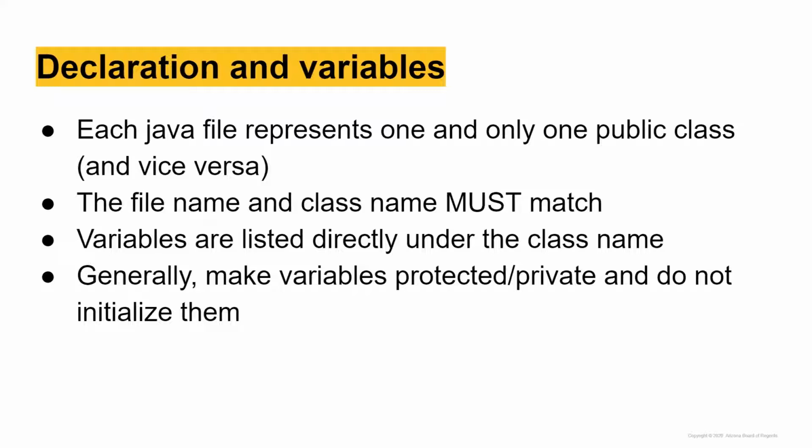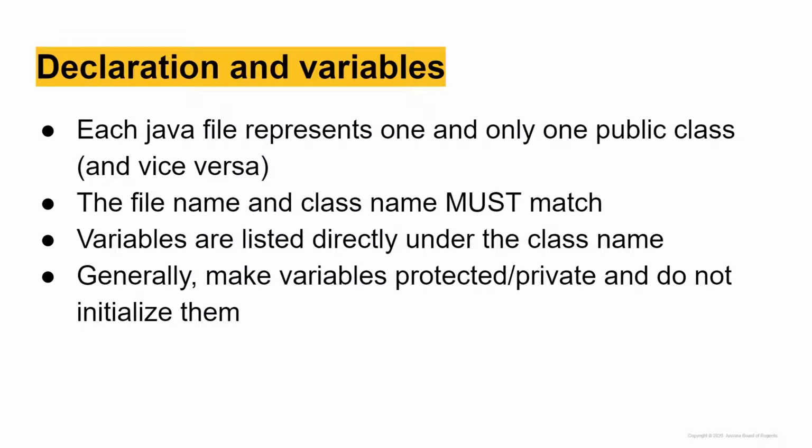All right, so let's talk about declaration and variables. Each Java file, if you have something .java, represents one and only one public class, and vice versa. Every public class gets its own Java file. Sometimes you can have private classes within the same Java file as a public class, but we don't need to worry about that right now.